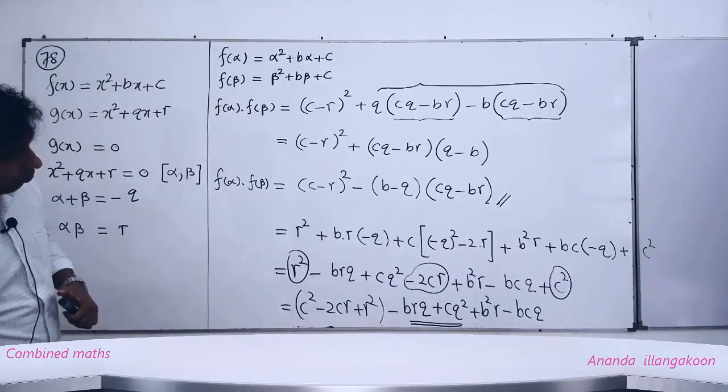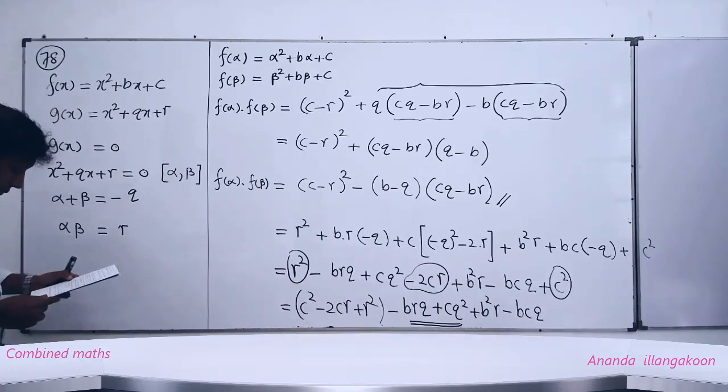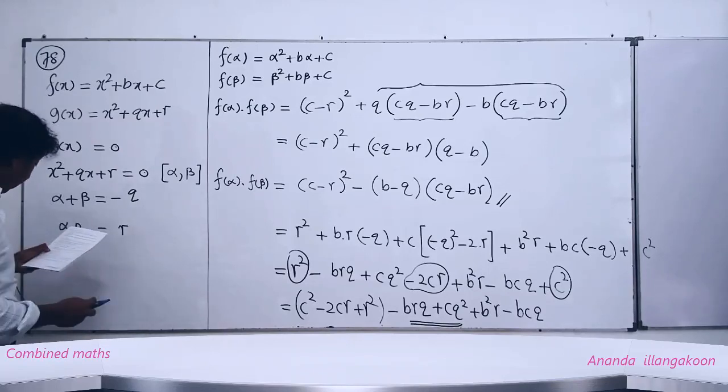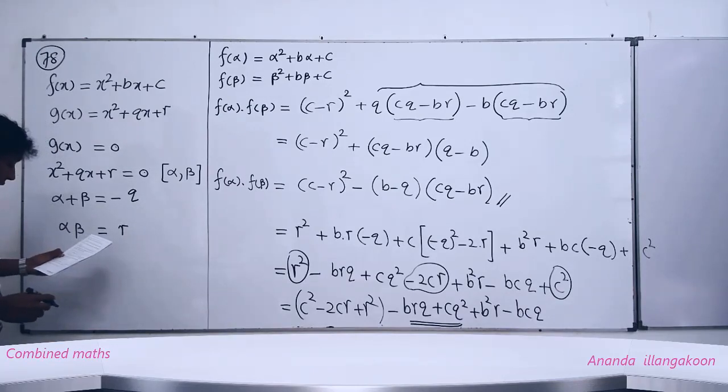Okay, next one. Next one is given like this. Hence or otherwise, prove that if f(x) equals 0 and g(x) equals 0 have a common root.